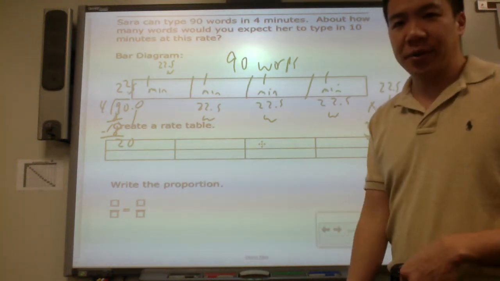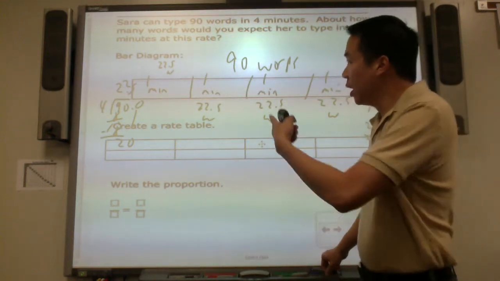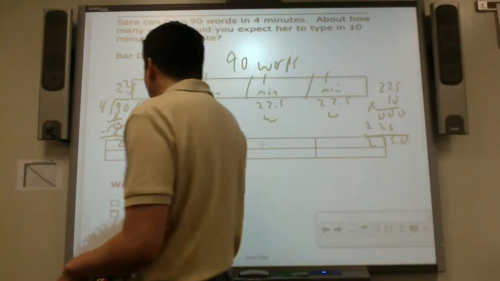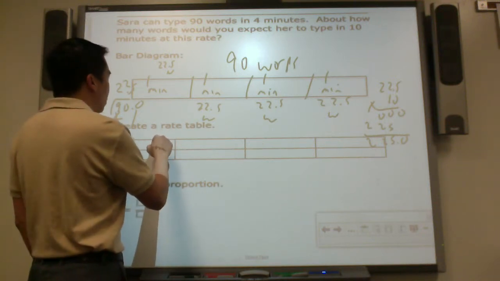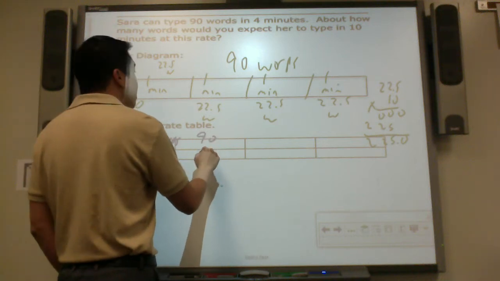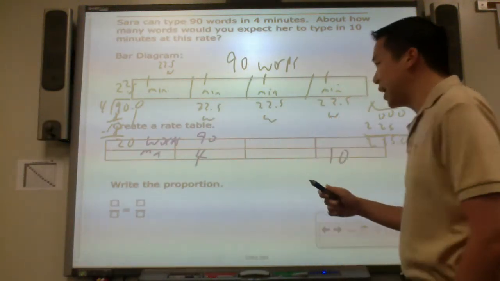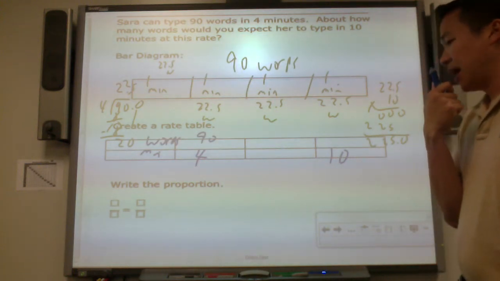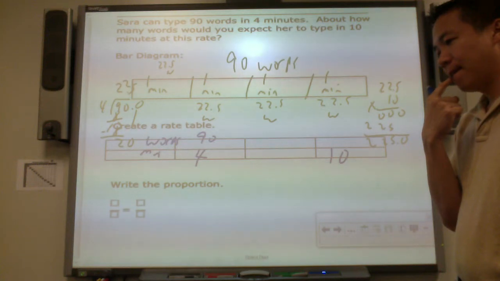That's one way to do it. Some people like this way. I don't. So I'm going to do a ratio table. In a ratio or rate table, we know she can type 90 words in 4 minutes. I need to build it up to 10 minutes. How many 4s go into 10? I don't know.